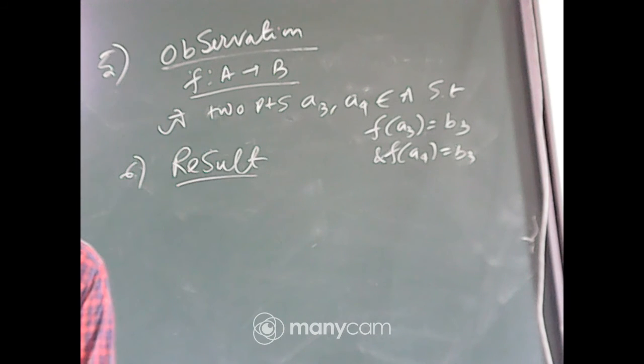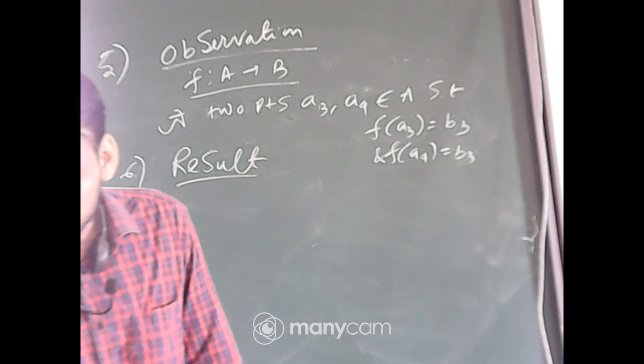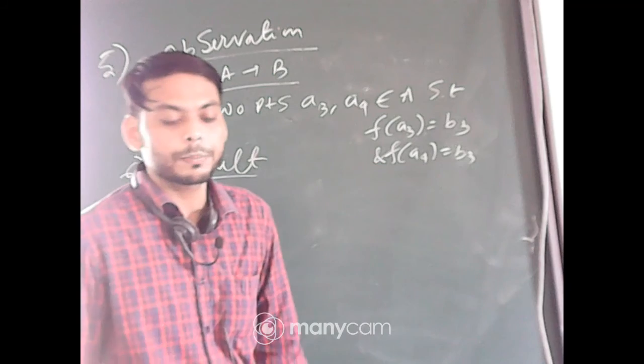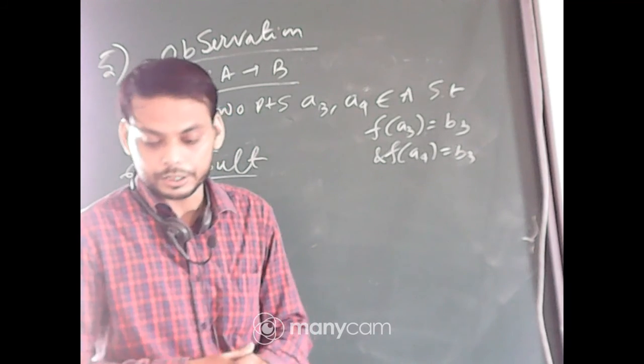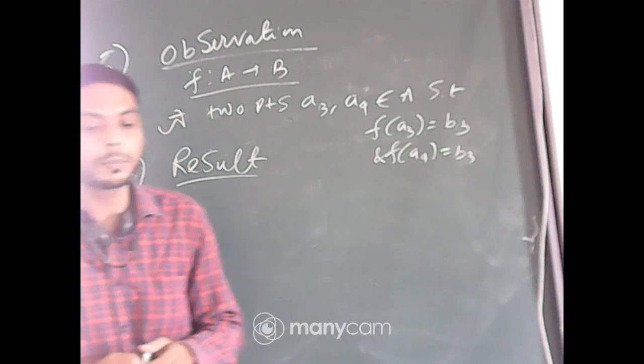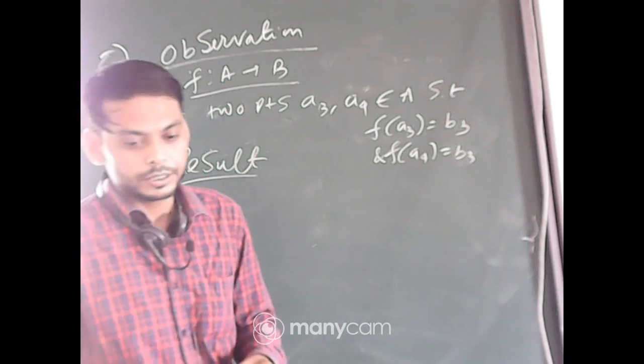First one is topic, second prerequisite knowledge, third material required, fourth demonstration, fifth observation. The most important points are demonstration and observation. And the last one is the result, just the conclusive line. Is it clear?